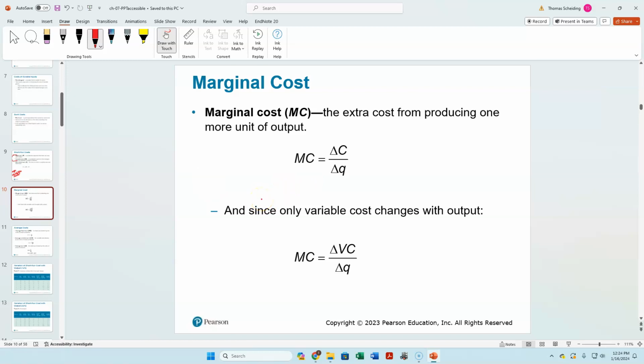Figuring into this as well are my marginal costs. These consist entirely of variable costs, so there are no fixed costs in your marginal cost. What they do is determine how much my total cost changes as my level of production changes.